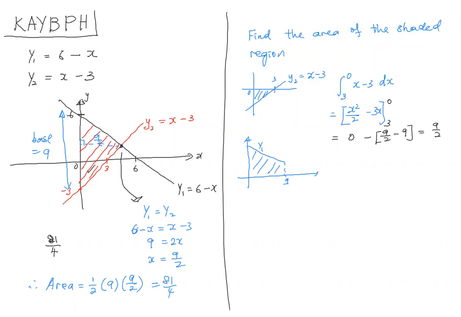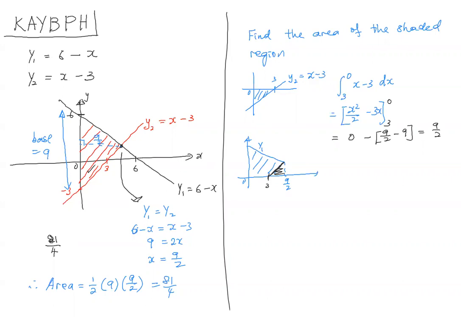This is 9/2. But I have to take away something here, a small little piece. So this is the one that I have to take away.